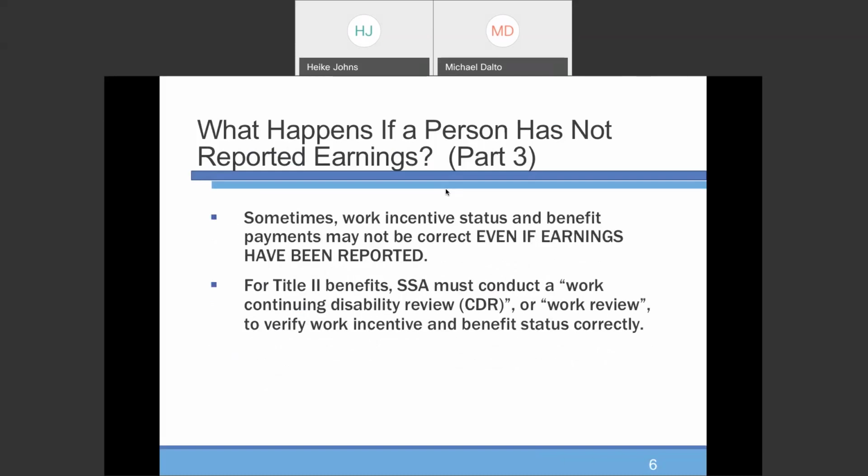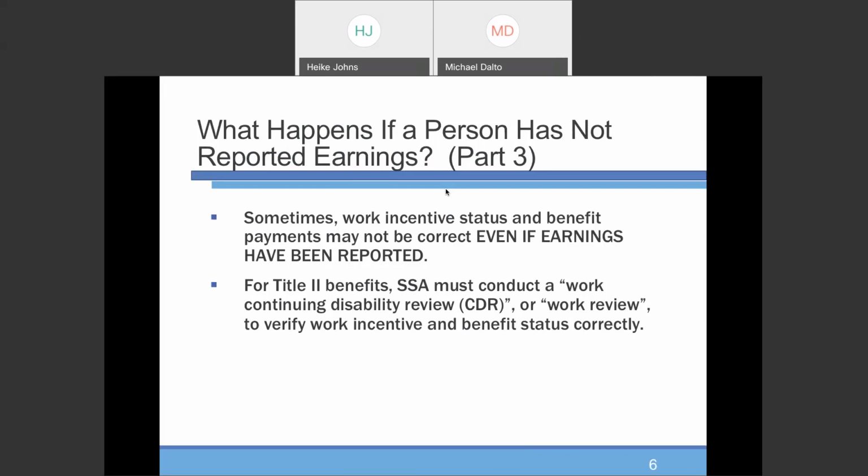And again, earnings are only going to show up on the BPQY if they have both been reported and entered into the system by Social Security. So sometimes, even if a person's reported their earnings, if Social Security hasn't gotten around to entering them into their system yet, then the earnings record on the BPQY may be inaccurate.